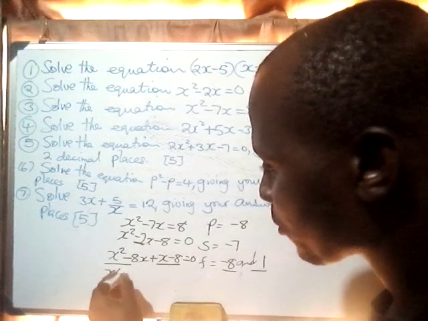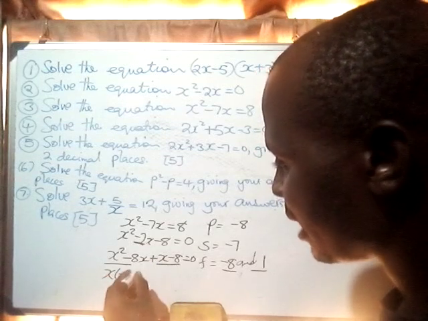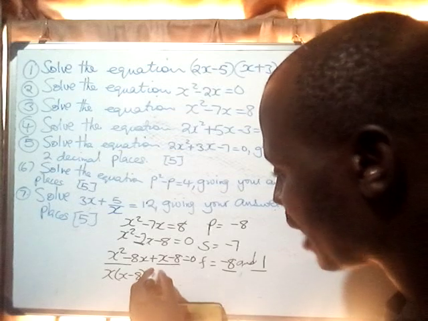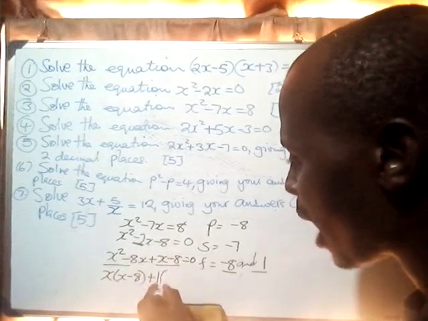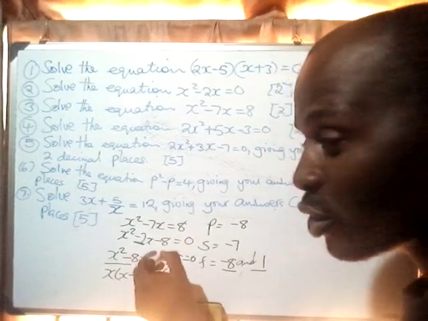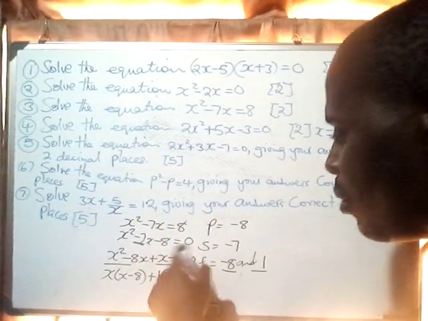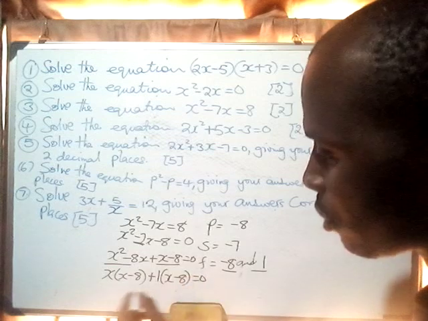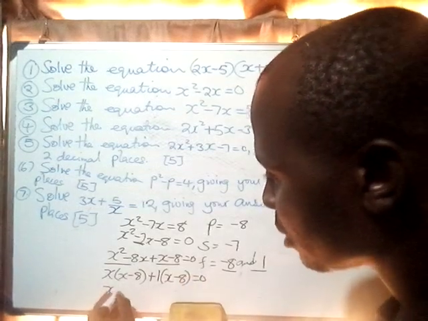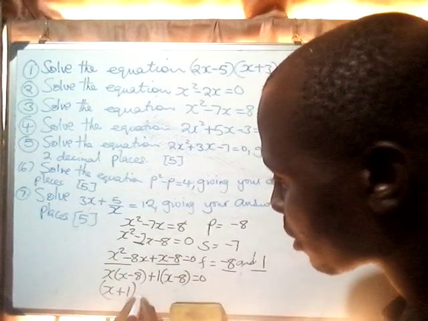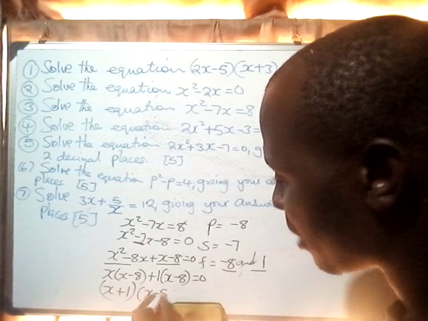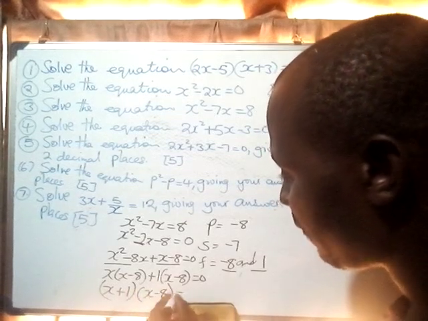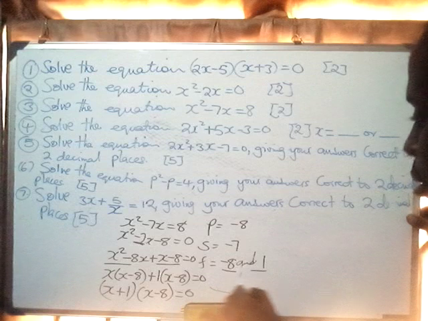I'll have x minus 8 like this, then plus the common factor there, which is 1, because 1 can go into x, it will go x, and 1 into 8 will go 8. So it will be equal to 0. So I have x plus 1, and the other one will be x minus 8, and the final answer will be 0.